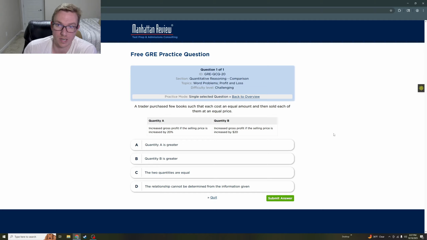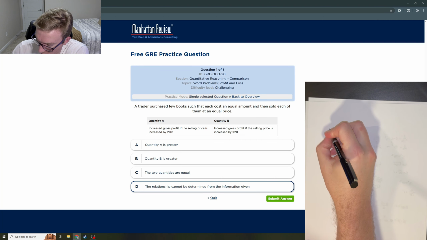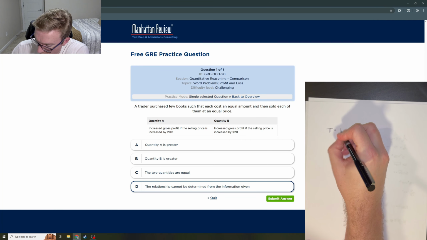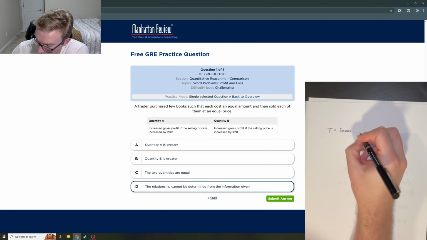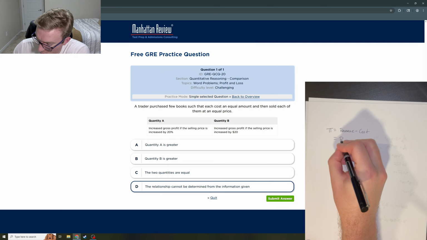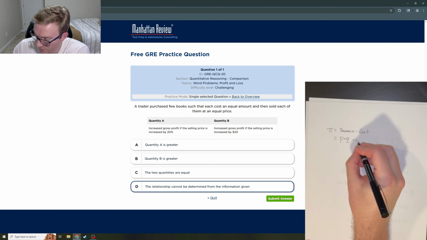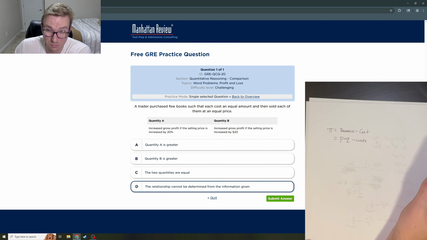This is another one where it has to be this, just because. Remember, Econ 101 here: profit is revenue minus cost. Revenue is always the price you sell it for times Q, minus whatever your costs are. In this case, costs are basically undefined. Each cost an equal amount and then sold each of them at an equal price.